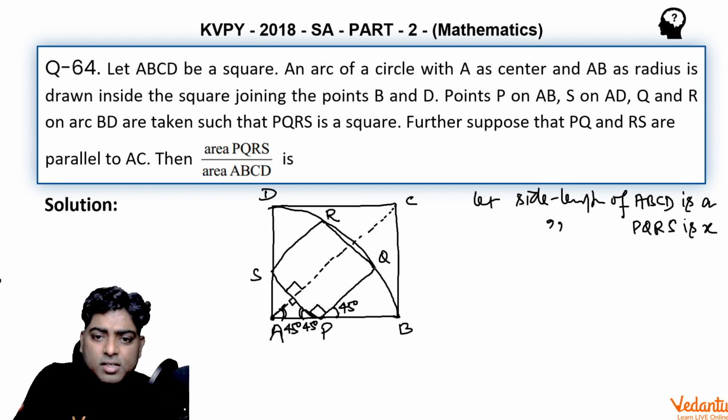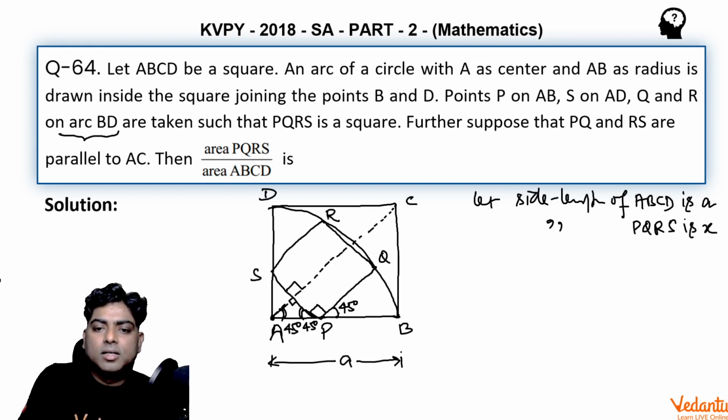Q is on the arc BD. It means the distance of Q from A must be, the center being A, equal to the radius, and the radius was taken as a.